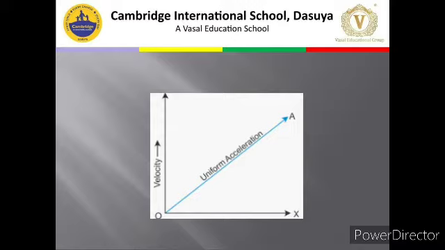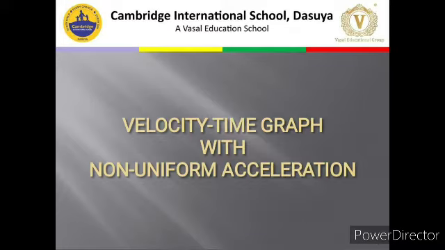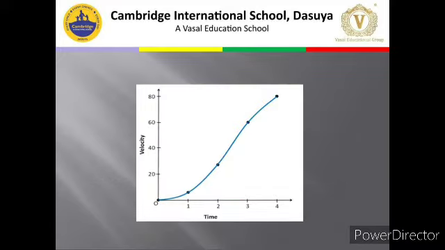It can be decreasing as well, but there has to be a straight line for denoting uniformity. Then we did the velocity time graph with non-uniform motion. Because there is non-uniform motion, we will not get a straight line, there will be a curve. This curve can be any shape, but it should not be a straight one.